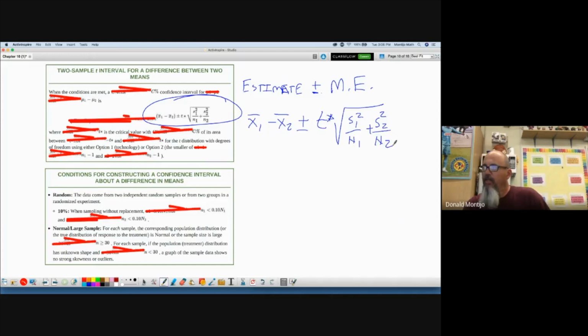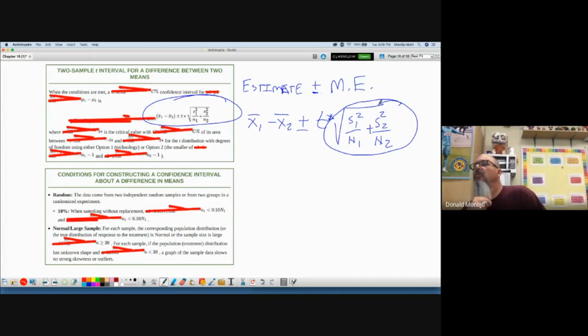So again, this is just the standard deviation. So remember, estimate plus or minus margin of error. Everything behind the plus and minus is the margin of error. Everything behind the star is the standard error.